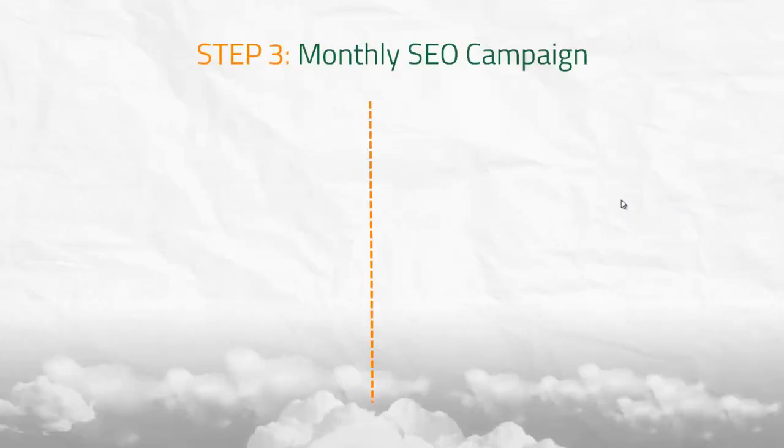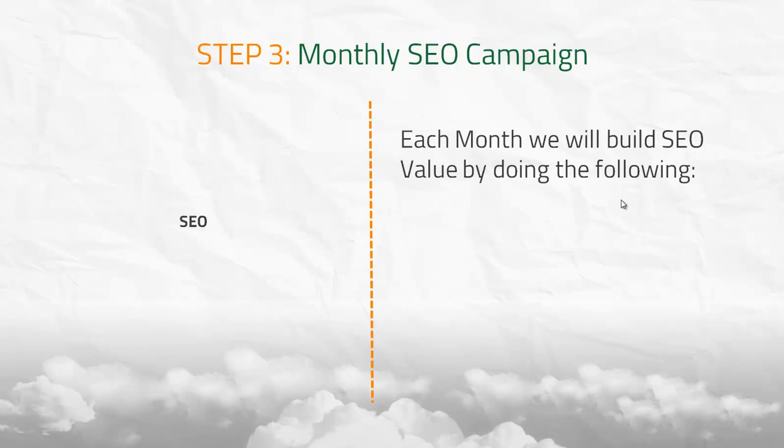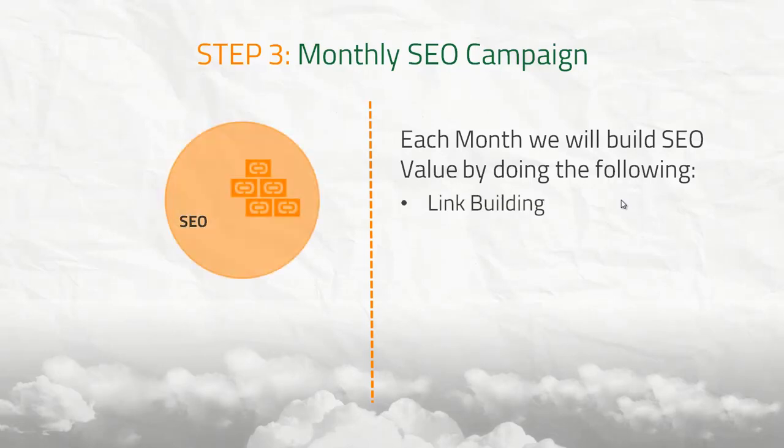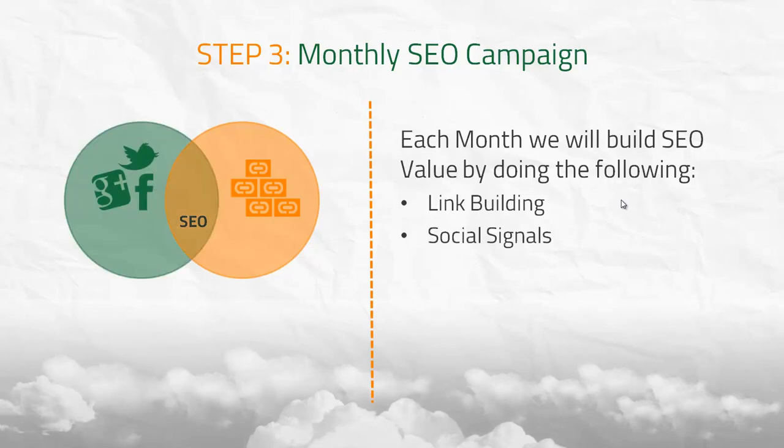Okay, step 3. What we do is a monthly SEO campaign, and each month we will build SEO value by doing the following. We will do a little bit of link building, creating backlinks that come back to your website. We will do social signals. We have access to Facebook accounts and things that will allow people to share your website and send it back, because social media is also a big factor.